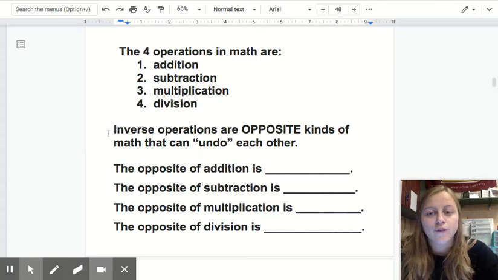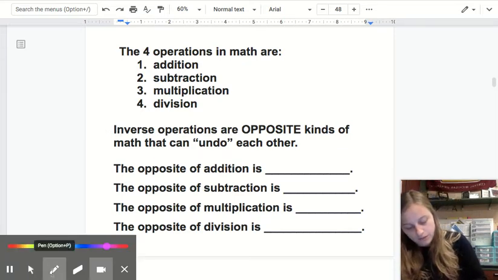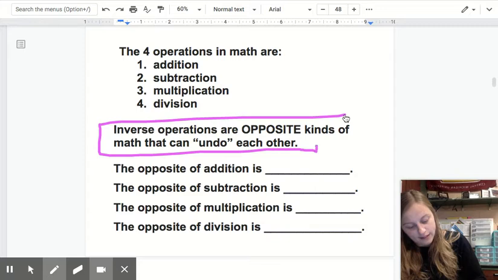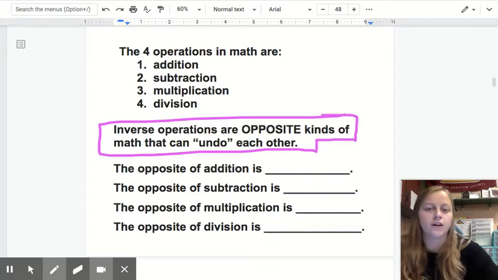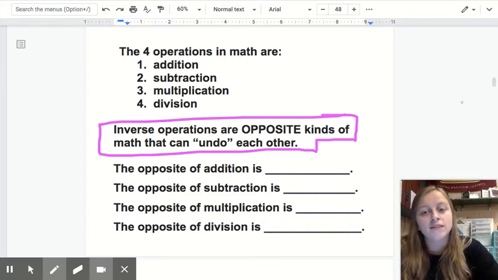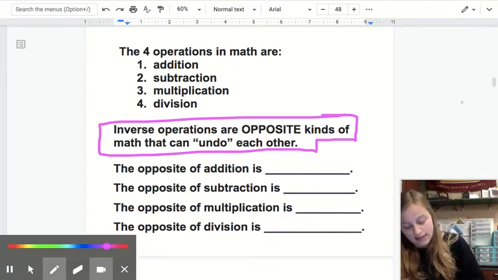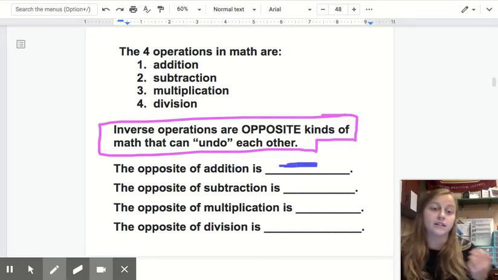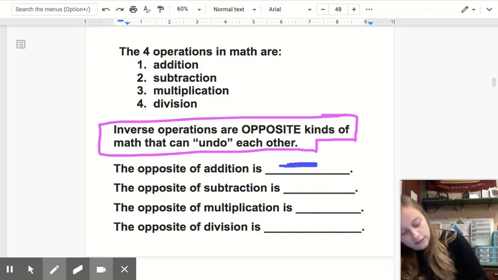So again, inverse operations are opposite kinds of math. They undo each other. That sentence right there is pretty important. If you're not taking notes, you should be. The opposite of addition is subtraction. The opposite of subtraction then is addition.